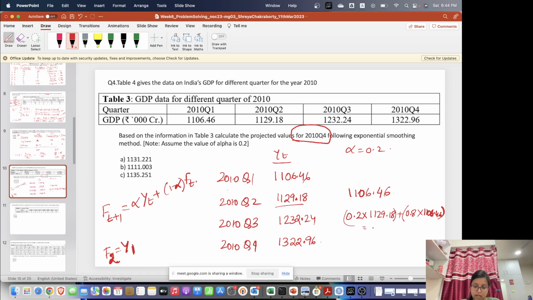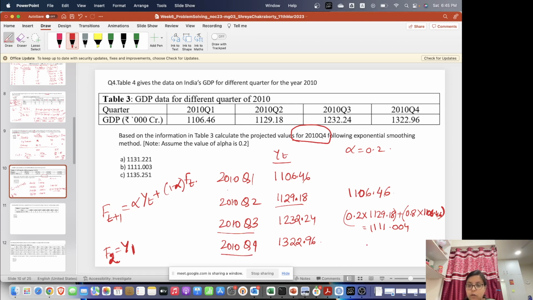This would come out as 1111.004. This will be the projected value for quarter 3.